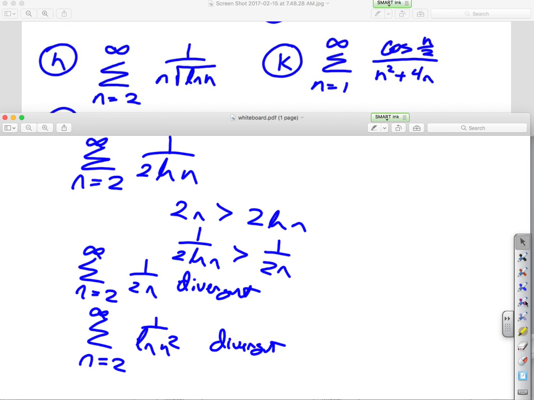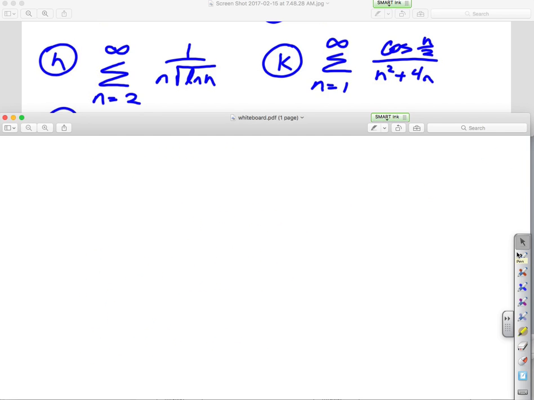All right. So this one was my favorite one. Anytime I see a sine or a cosine, I usually want to set up an inequality.